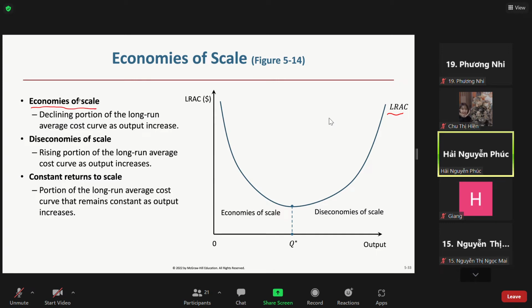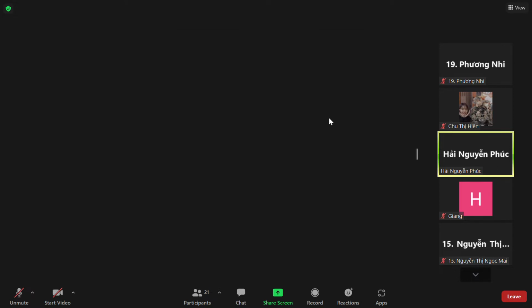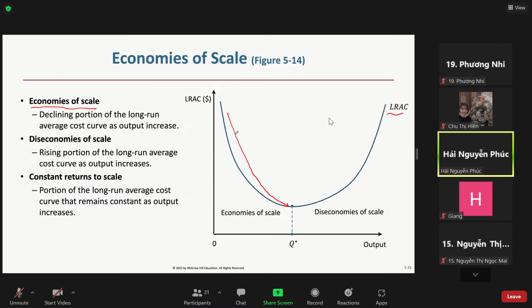Economies of scale is the declining portion of the long run average cost curve as the output increases. Up to the point of Q star, the long run AC curve is declining.